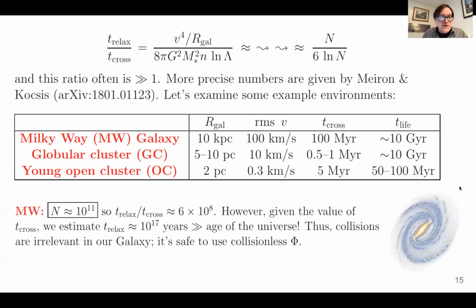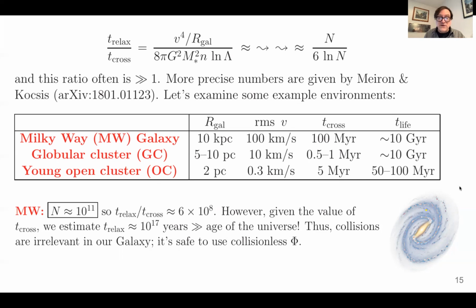For the Milky Way, we know there's something like 10 to the 11 stars in it, or 10 to the 11 solar masses worth of stars. So we can compute that ratio. That ratio is almost 1 billion. So that means that if the crossing time is almost 1 billion years, the relaxation time is going to be much, much longer than the age of the universe.